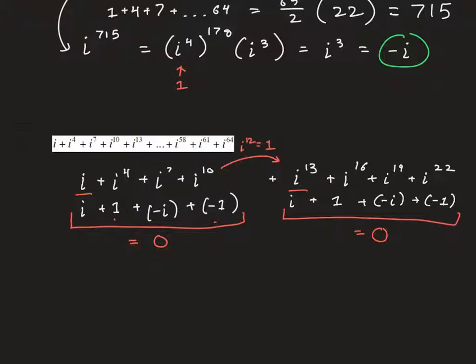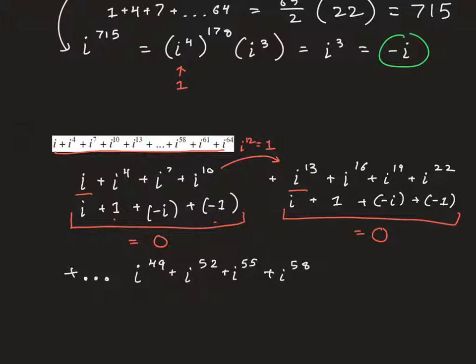So how many groups of these are there in this big chain? And the last group that we see is I raised to the power 49 plus I raised to the power 52 plus I raised to the power 55 plus I raised to the power 58.